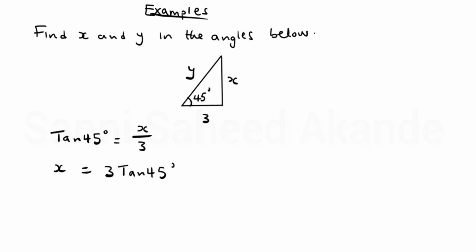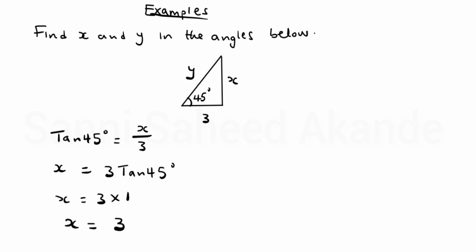Then x will be equal to 3 times, what is tan 45 degrees? From the special angles that we just finished finding, tan 45 is given as 1. So x is equal to 3 times 1, which gives us 3. So that is the value of x.